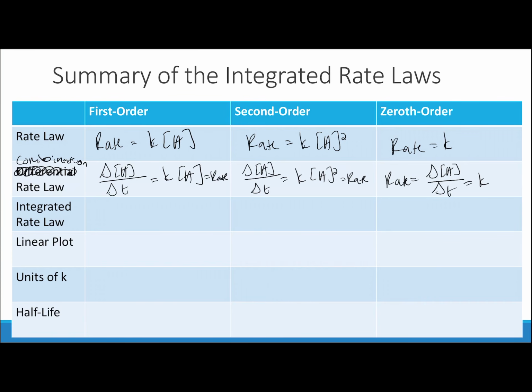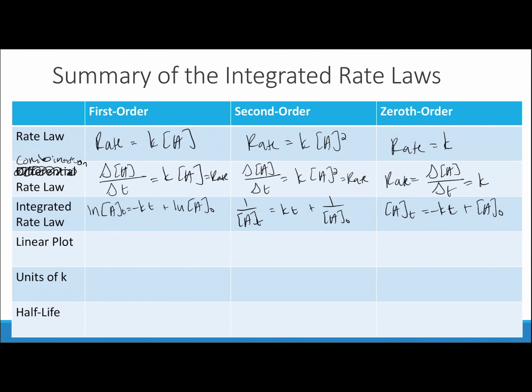Okay. And then we can integrate these to get our integrated rate laws: ln[A]t is equal to negative kt plus ln[A]0 for a first order process. 1 over [A]t equals kt plus 1 over [A]0 for second order. And for a 0th order, [A]t equals negative kt plus [A]0.